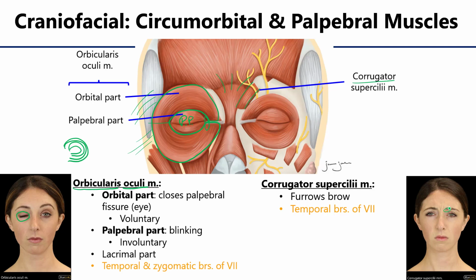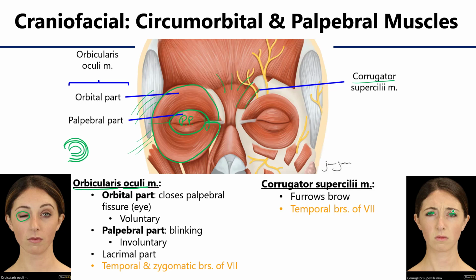In this particular demonstration, both corrugator supercilii muscles are activated, and what that does, in conjunction with the orbicularis oculi, is you tend to squint a little.